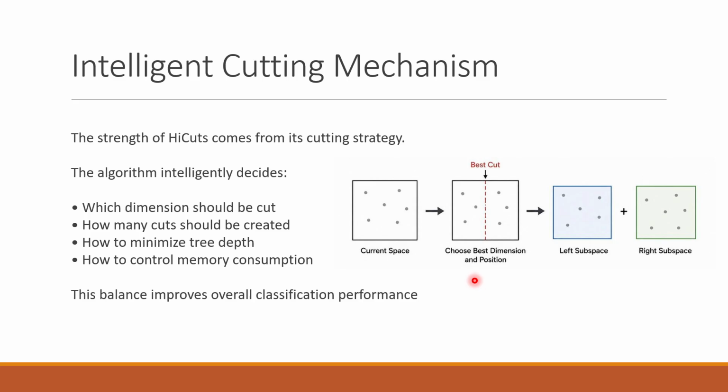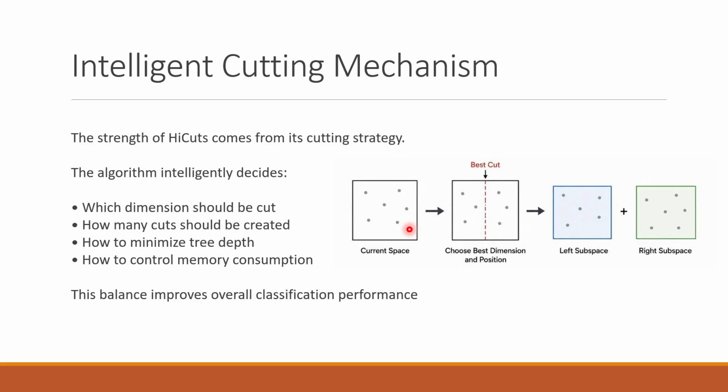It chooses the best dimension and a suitable number of cuts at each step. The goal is to create balanced sections and reduce the size of the tree to avoid storing duplicated rules. This intelligent cutting is known as HiCuts.